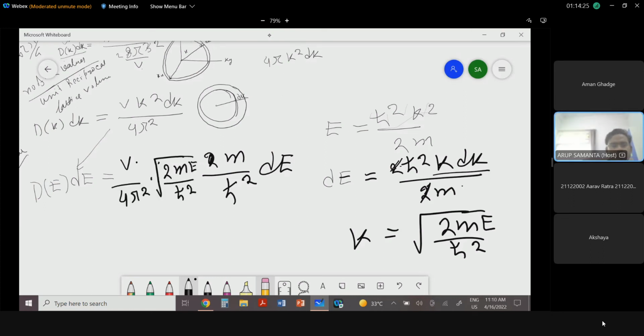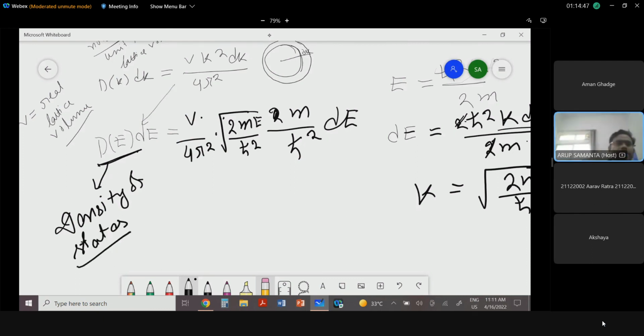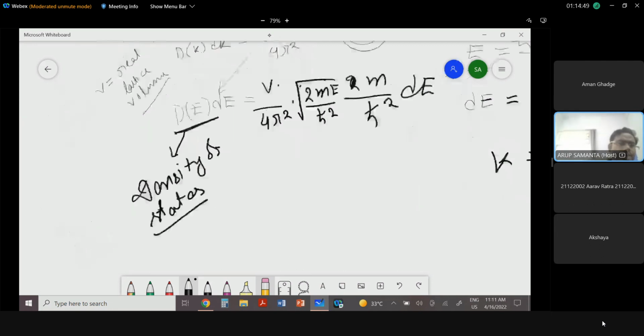So this is your density of states per unit energy, per each energy. This is called density of states. At each energy, how many energy levels are available? That is called density of states. If we consider V is unity, V is 1, the real lattice dimension is 1, let's say 1 centimeter cube.